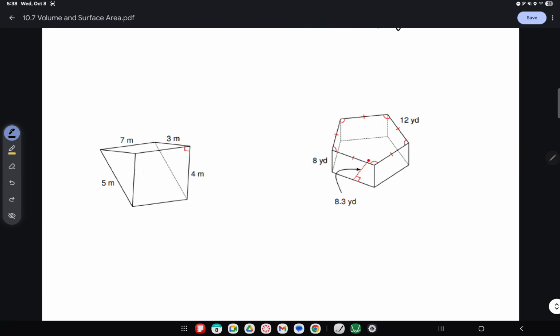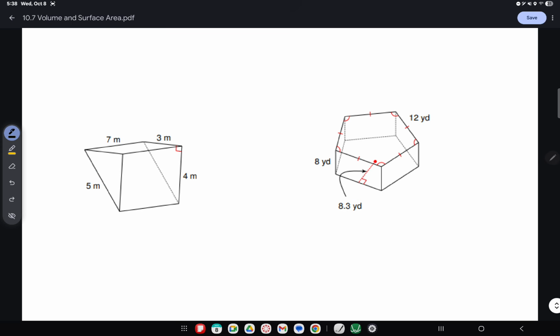And 2 more shapes here. So I have a triangular prism here. So the volume is the area of the base, in this case, base times height divided by 2, and then times the height of the prism, or like the length, I should say. So for the triangle, because it's a right triangle here, the base is 3.